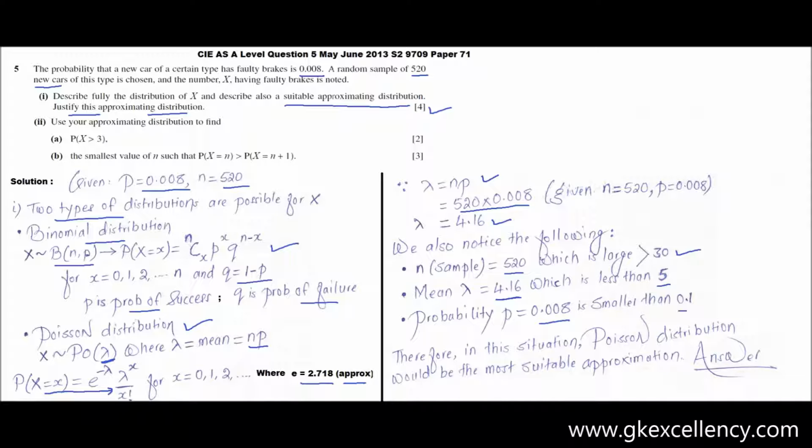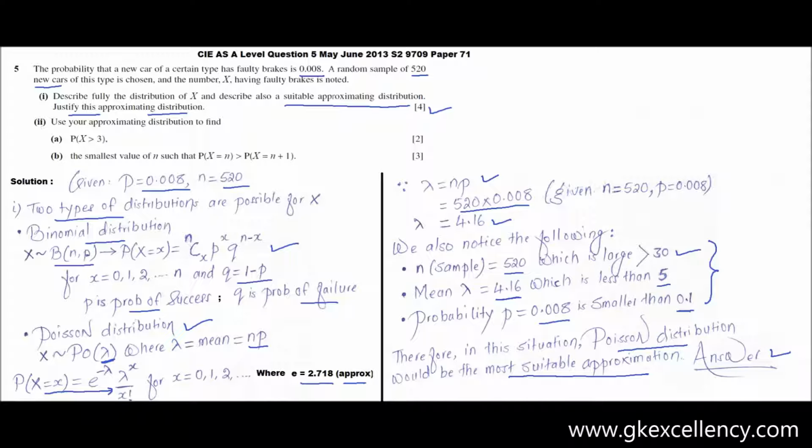Because of these three conditions, because we have the large number of 520 and the probability of occurrence is very rare, which is 0.008, in this particular situation the Poisson distribution would be the most suitable approximation, and that's my answer.